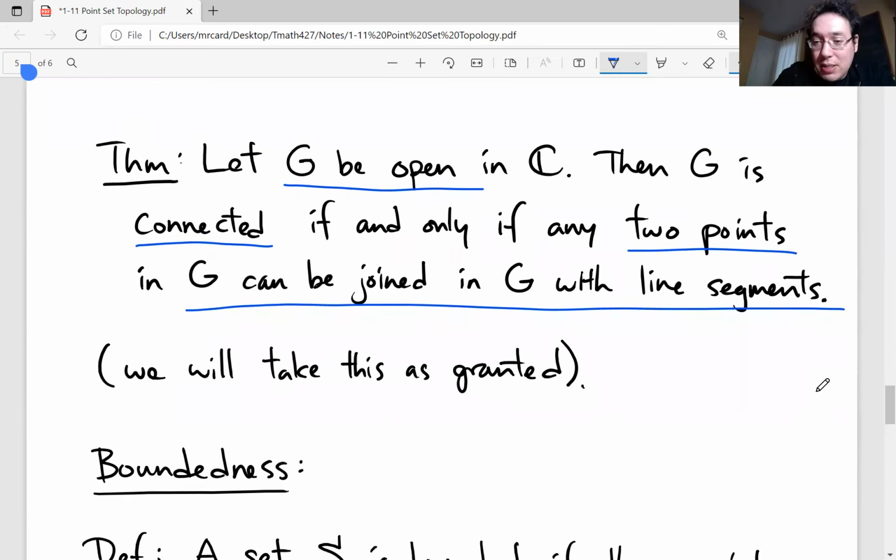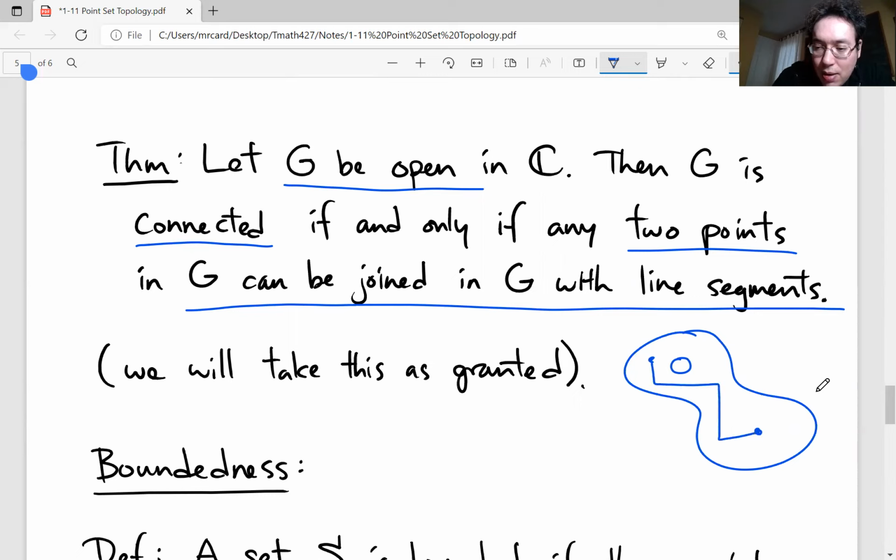So what I mean by that is that if you have 2 points, I could draw a pathway just using straight lines that connects them so that all of the line segments stay within the set the entire time.